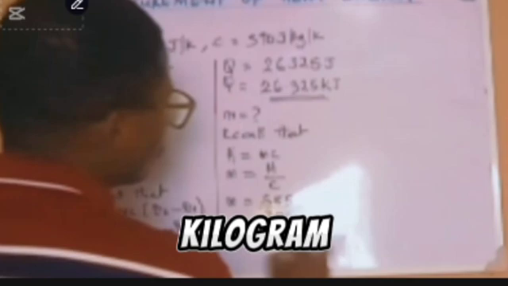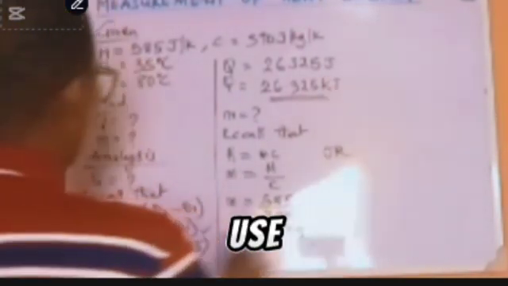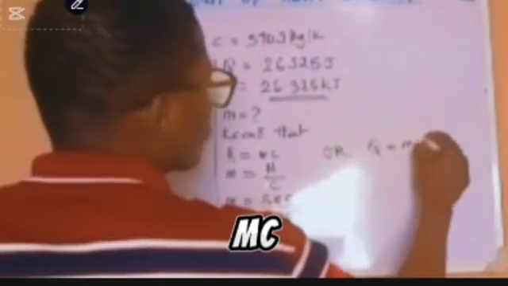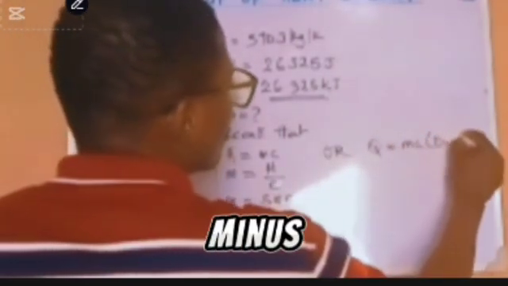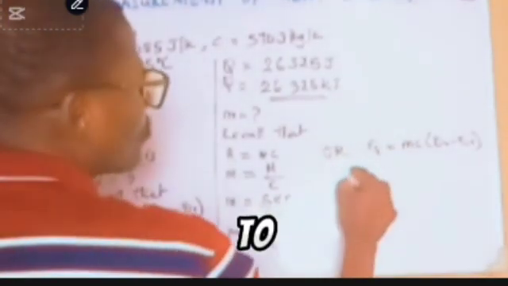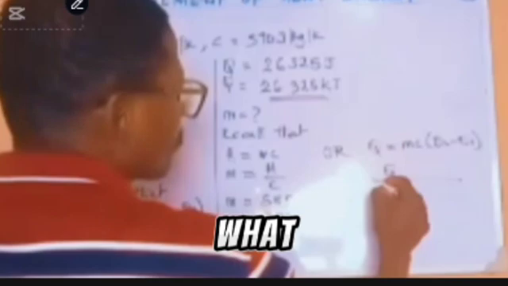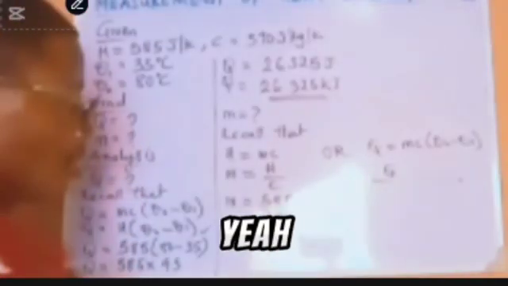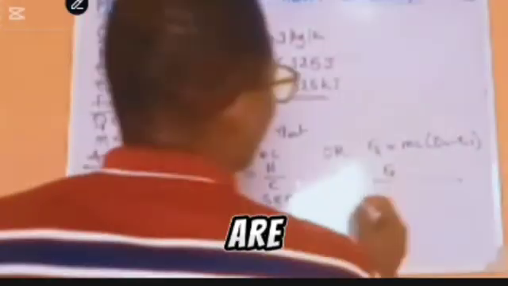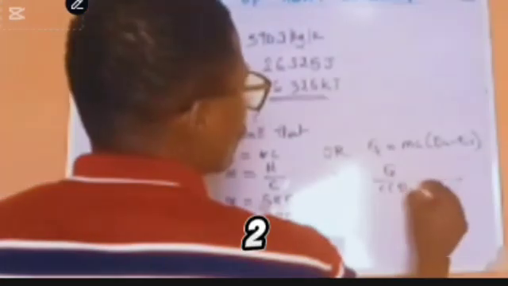kilogram. If you don't want to go by this, you use Q is equal to MC (theta 2 minus theta 1). We make M the subject of the formula. You have M to be equal to what? Q over C (theta 2 minus theta 1).